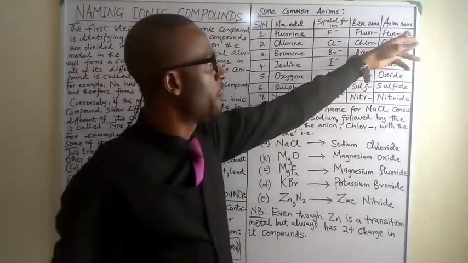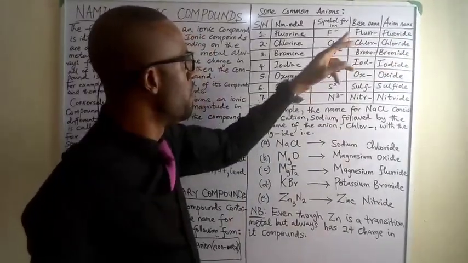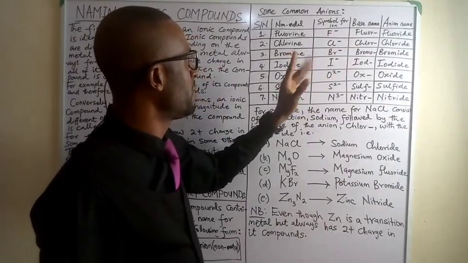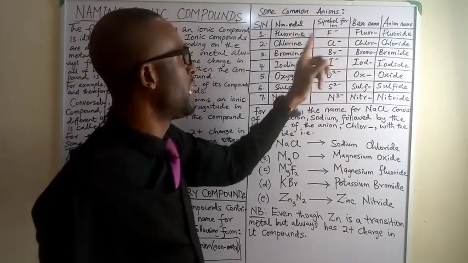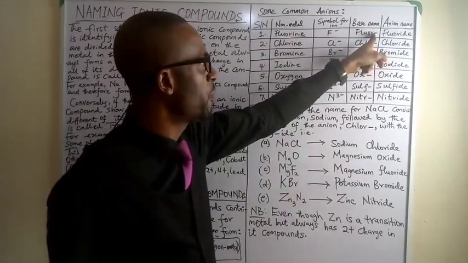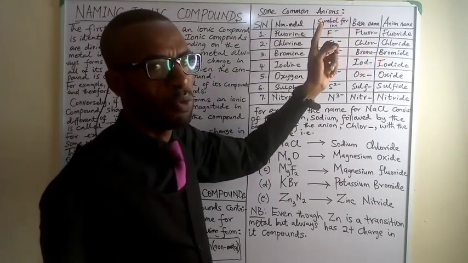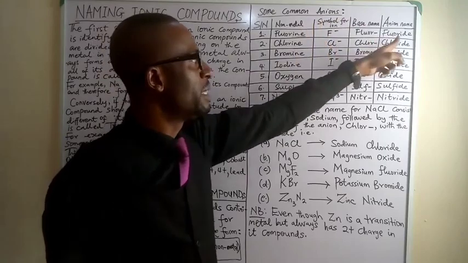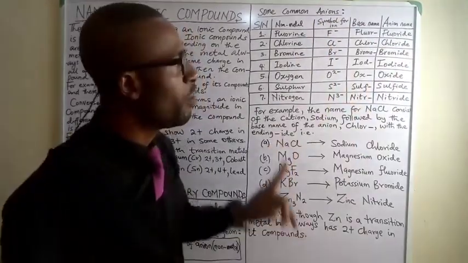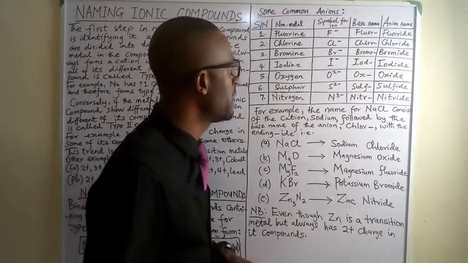That gives you the name of the anion. So the base name of a non-metal, when you remove the last syllable, you make the base name fluor. Then replace the last syllable you removed, which is INE, with IDE. You get the name of that anion called fluoride ion.